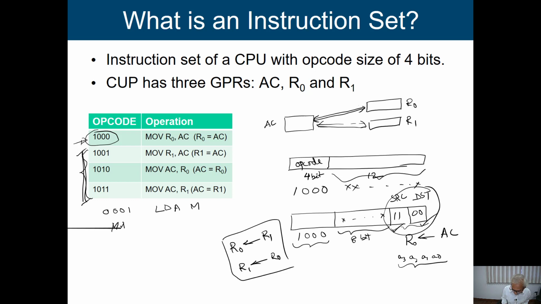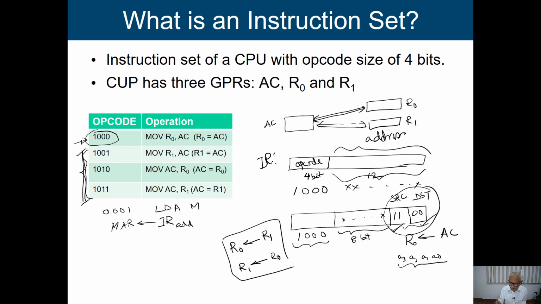So what are the steps that we need to do? We are having the MAR, memory address register. We have to put the address into the memory address register, and this address is available in IR in the address part. After fetching, my instruction is available in my IR.